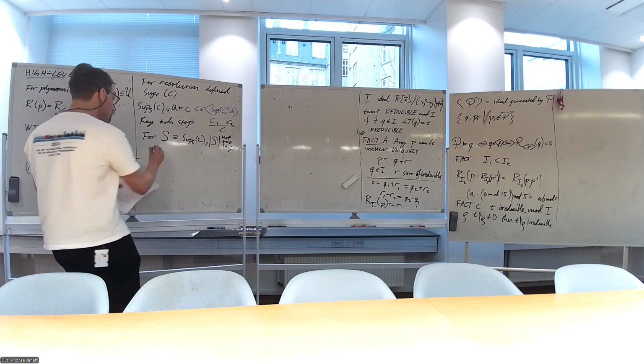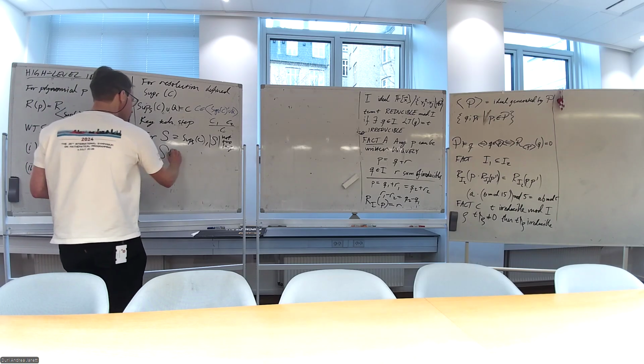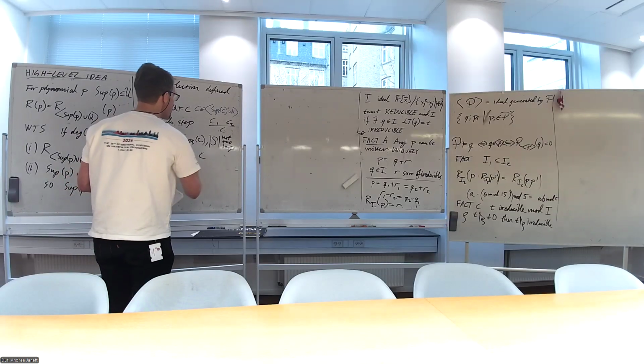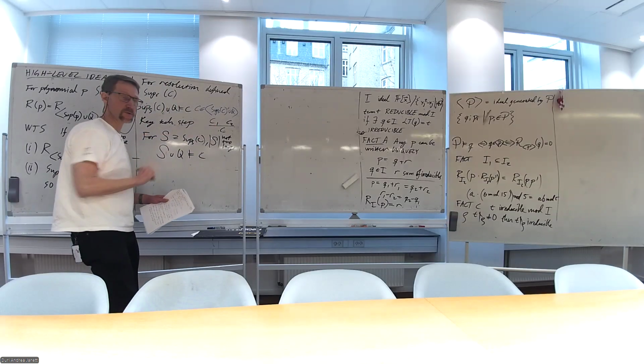And we said, suppose that for this fancy style S, we have S union Q implies C. Remember, this is exactly the setting we had, right?